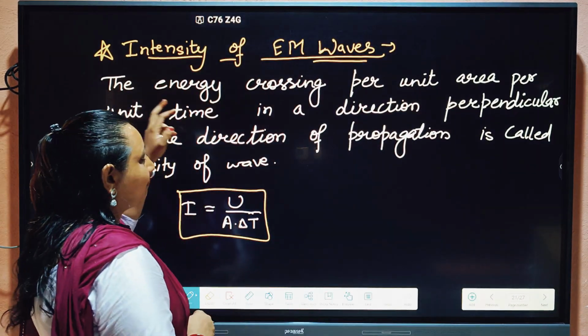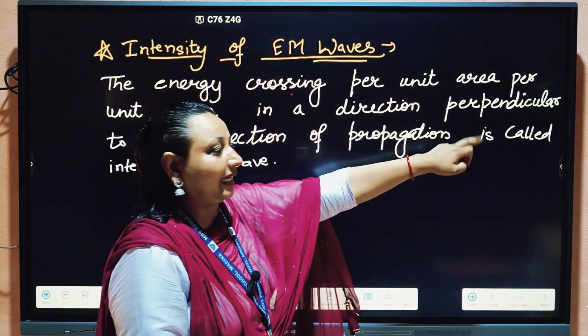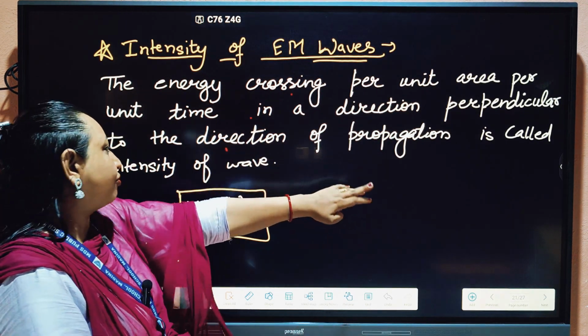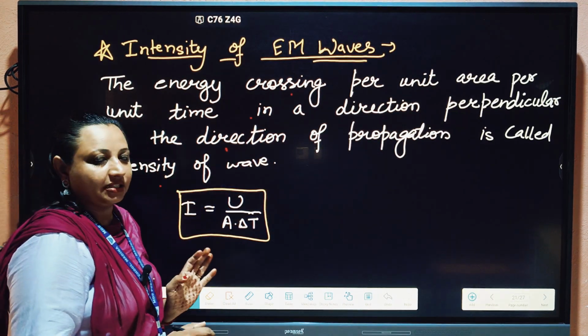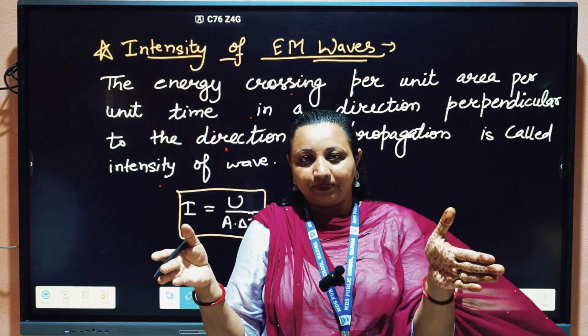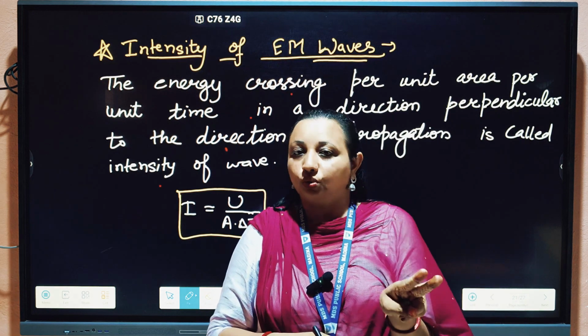So what is intensity? The energy crossing per unit area per unit time in a direction perpendicular to the direction of propagation is called intensity of the wave. Suppose I have 10 tube lights and I switch on only 2.